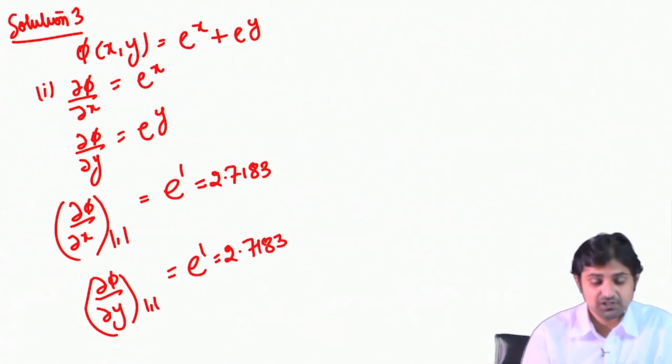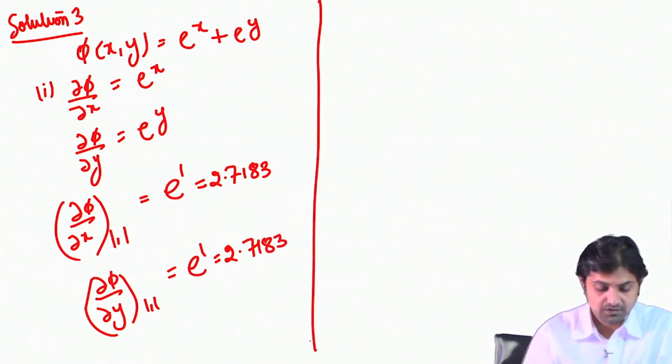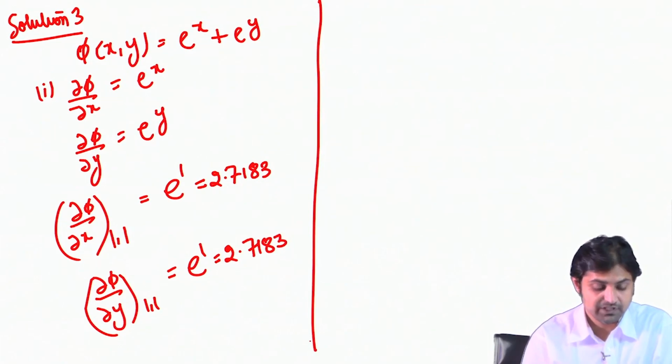So that was our first question, that we have solved the values of del phi del x at 1 comma 1, del phi del y at 1 comma 1.